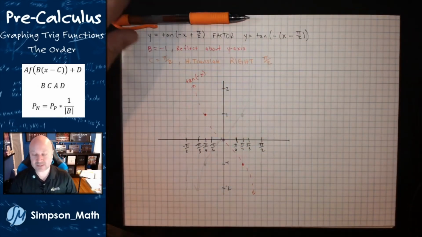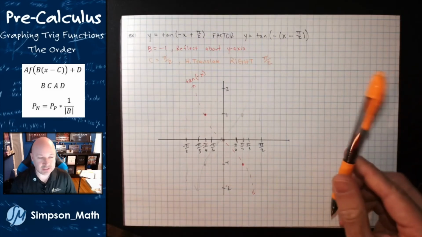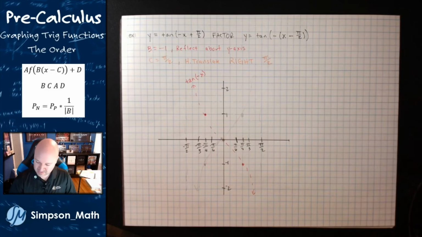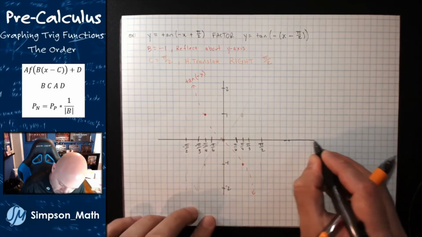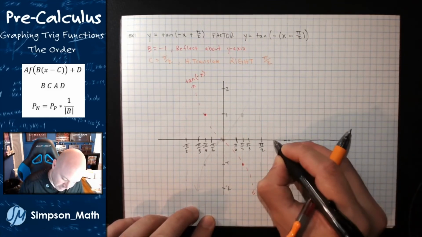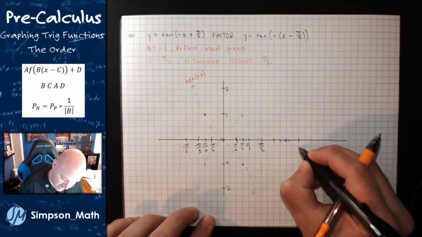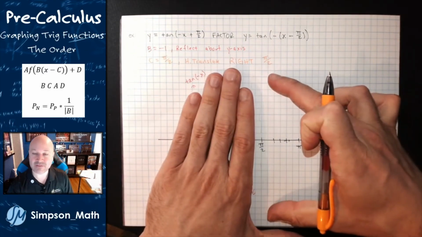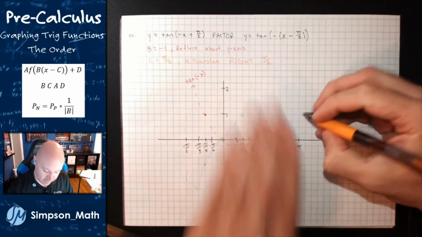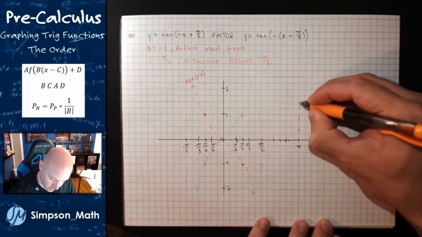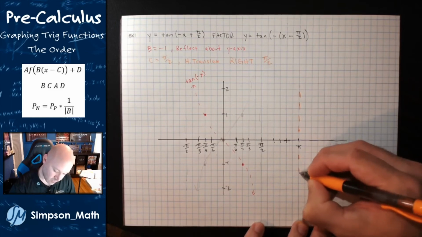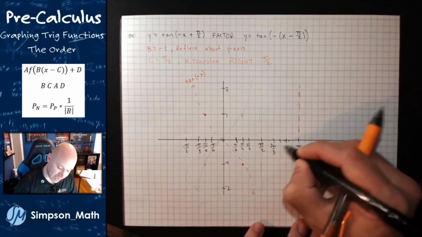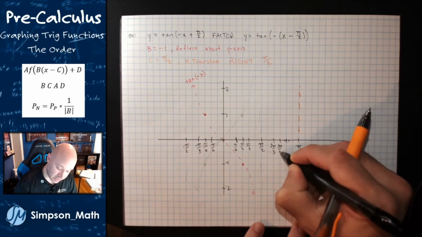Now I can take care of my next transformation, c. I can move everything right pi halves. This is nice and simple. Let's see, skip, dash, dash, dash, skip, dash. I'm now going to go all the way to pi. That asymptote at pi halves is now an asymptote at pi. Label my axis so I don't get lost.